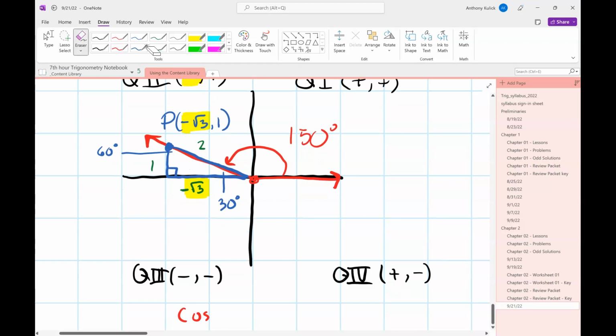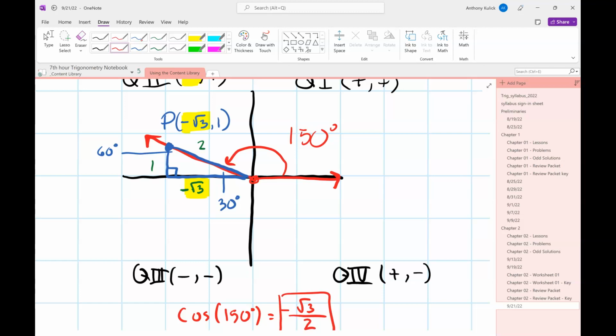So the problem was asking us to do cosine of 150. So that's just going to be x over r. And we're donezos. Oh.